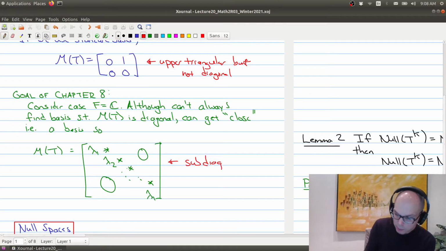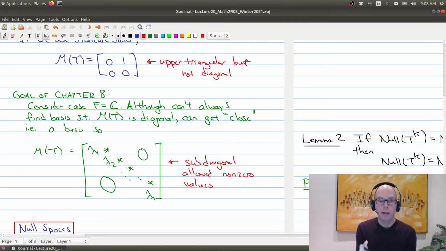So the superdiagonal is allowed non-zero values. I want you to keep this kind of matrix at the back of your mind. Notice that the matrix at the top has this form, because here's the diagonal and we're allowing entries on the diagonal just above the main diagonal.